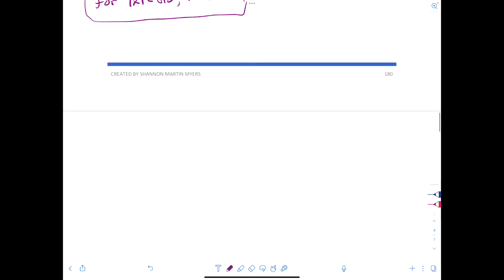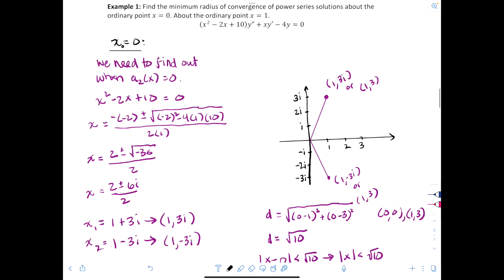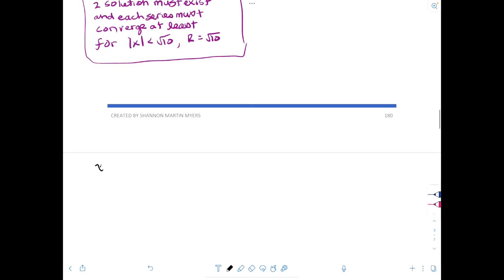Okay, now doing the whole thing over again, except this time when x0 is equal to 1. So now it's going to be shifted over 1.